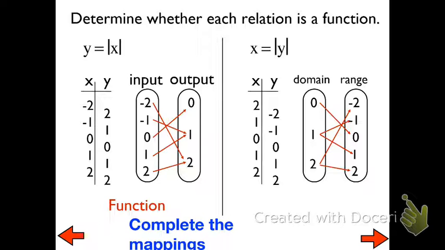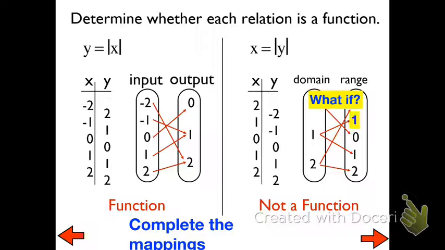Now, if you love Twix and you love Snickers, it wouldn't matter, would it? You would be like, I don't care. I'll eat either one. But remember, in order for it to be a function, when you press the button, there can only be 1 candy bar that comes out. That's the definition of a function. Every input has only 1 output. So the one on the right is not a function.